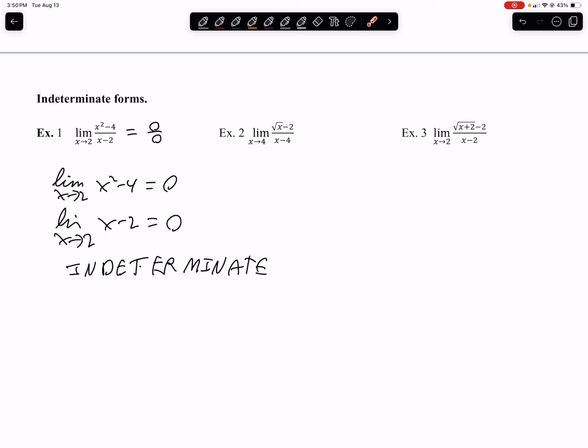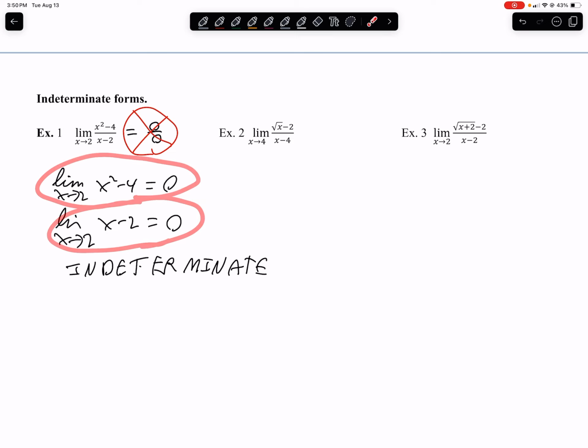There's other indeterminate forms also, but beware, never say it equals 0 over 0. You're lying and you'll lose points. Okay? So what do you show? You show that the top approaches 0 and the bottom approaches 0. Therefore, it's indeterminate. Right now, you're going to learn 2 techniques to deal with indeterminate form.